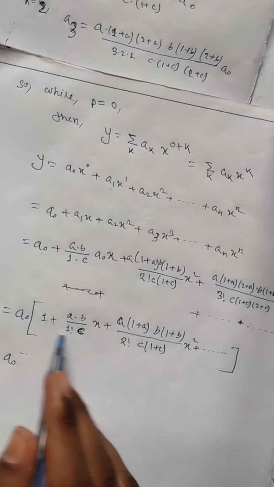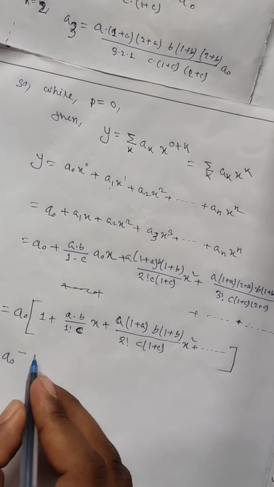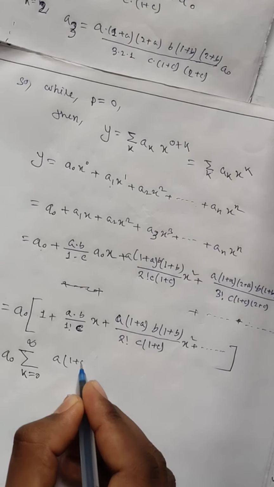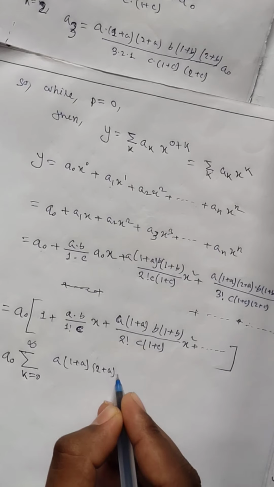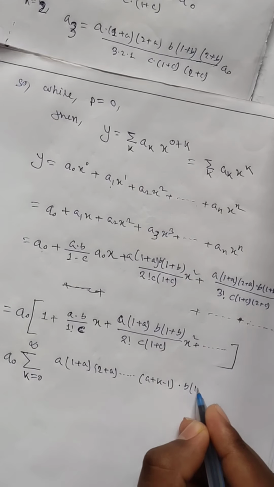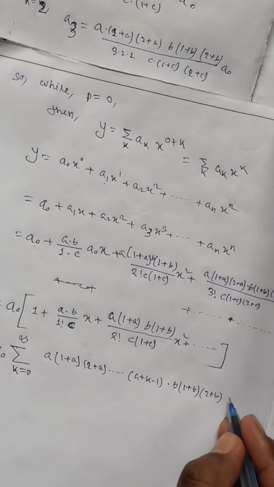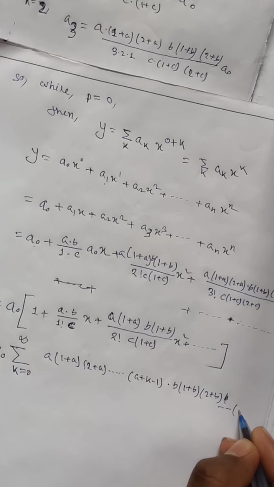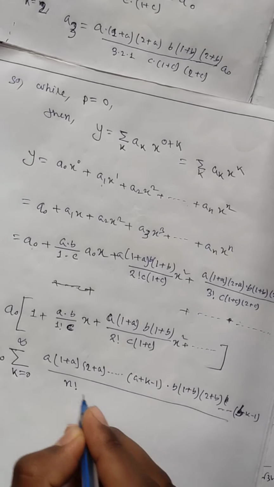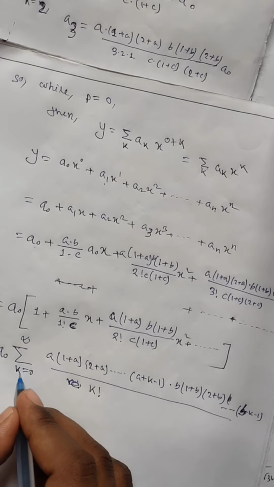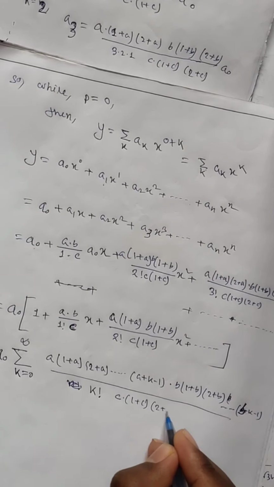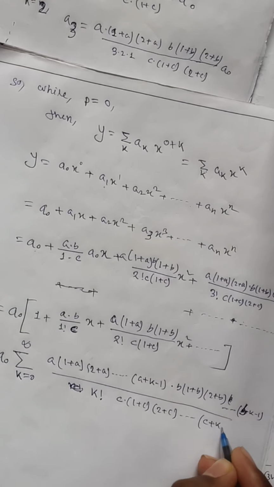If we write this value in terms of series, in terms of summation, we get a naught, sum k equal to 0 to infinity, of a into 1 plus a into 2 plus a up to a plus k minus 1, times b into 1 plus b into 2 plus b up to b plus k minus 1, divided by k factorial, because here we represent k, so k factorial, and c into 1 plus c into 2 plus c up to c plus k minus 1.